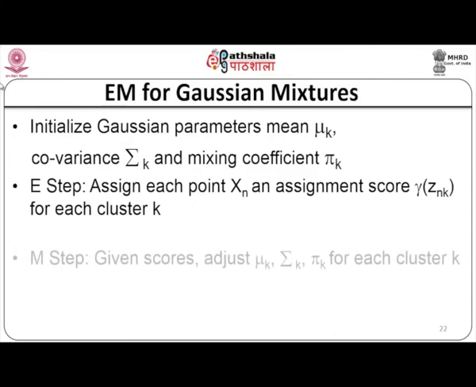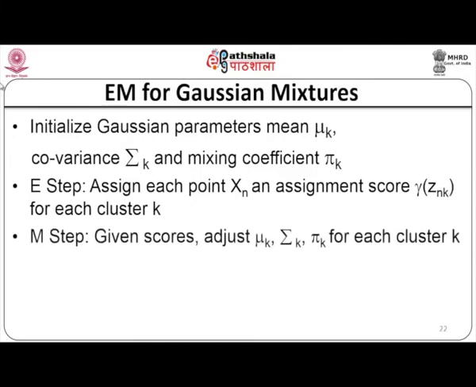Then the M step: given the scores, you re-estimate the parameters mu k, the covariance, and the mixing coefficient for each of the clusters k. Remember, these three are the parameters. Now the Gaussian is describing a cluster instead of just a mean. So, for each of the clusters you redefine these given the scores.